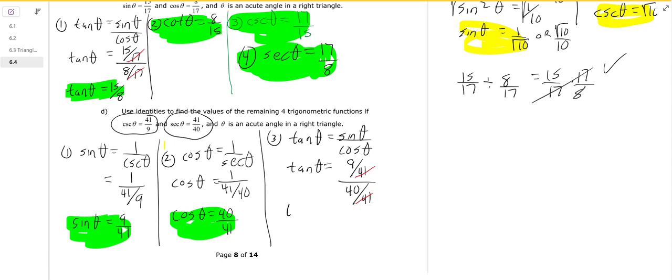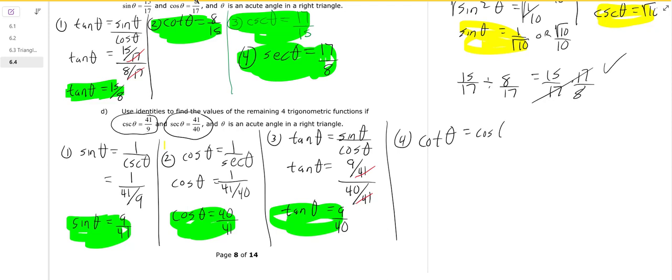So we get tangent of theta is equal to 9 over 40. And then the last thing to do is the cotangent. You could do cosine theta over sine theta if you wanted to, or you can just do the reciprocal. That's what I'd do. The cotangent of theta is 40 over 9 because it's the reciprocal of the tangent. Okay, so that's how you do that.